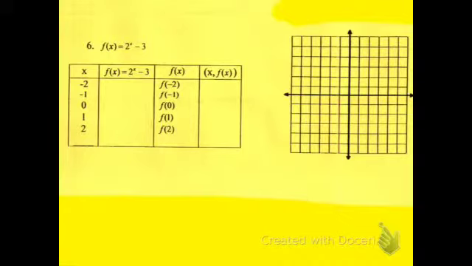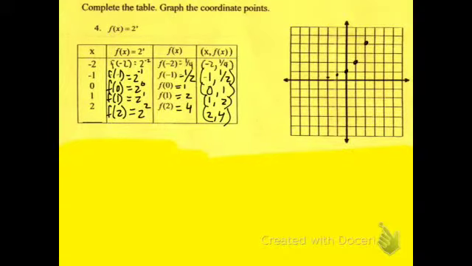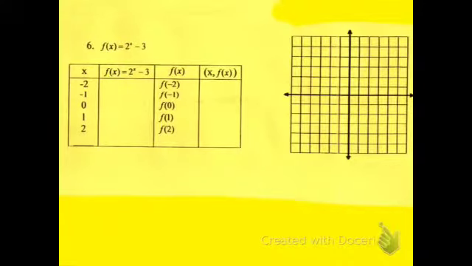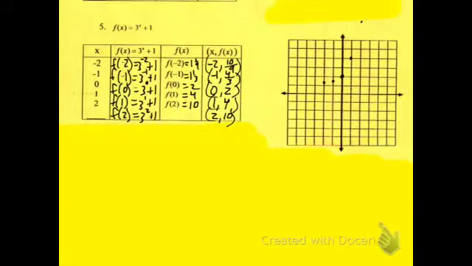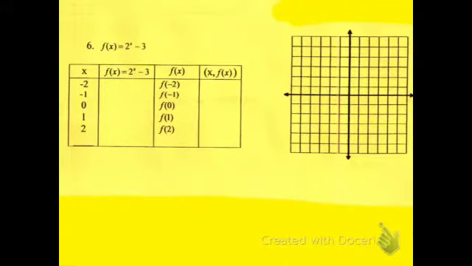So this is f of x equals 2 to the x minus 3. If you go back to number 4, notice how that is f of x equals 2 to the x power. Well, this is the same thing, except everything's just subtract 3. So really, if you're sneaky here, you just take all these values and you subtract 3 from all of them to get your function value there. But I guess I can just write out the actual work here.